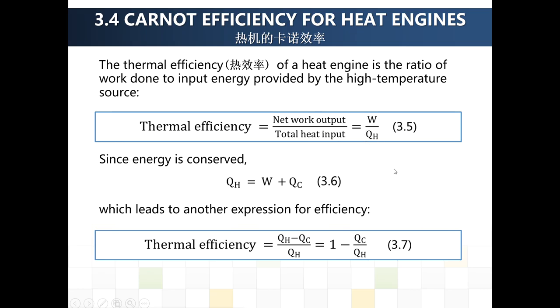Since energy is conserved, the heat from the high temperature source should be equal to the net work output plus the heat rejected to the low temperature sink. Therefore, the thermal efficiency is equal to QH minus QC divided by QH, which is equal to 1 minus QC divided by QH.